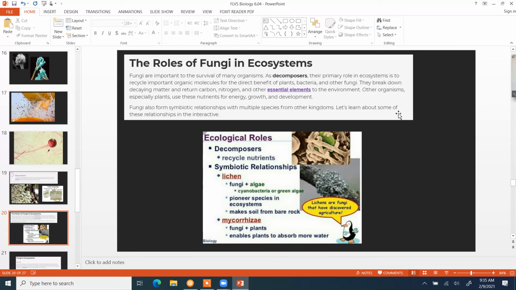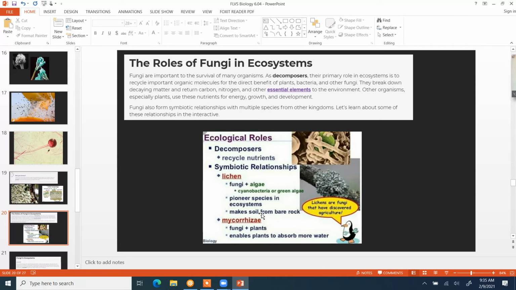So when the animal dies, all those nutrients have to be released back into the soil so that new plants and animals can grow and use those nutrients. Right? That's mostly what fungi do. Over here it says that they are decomposers, they recycle nutrients. In addition, we talked about how they form lichens with algae.